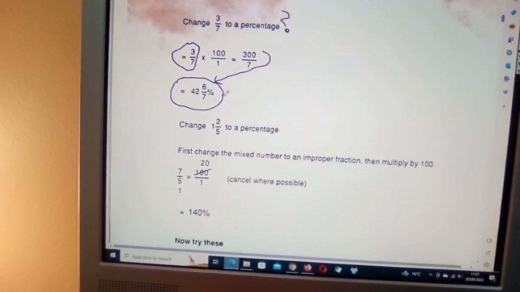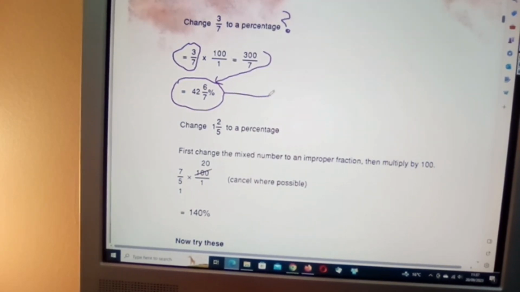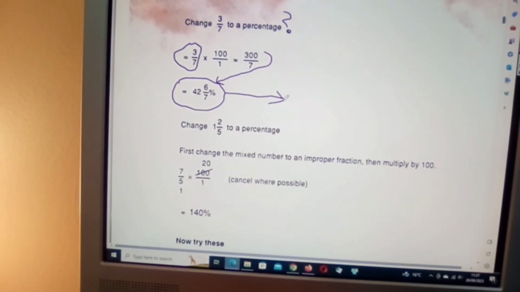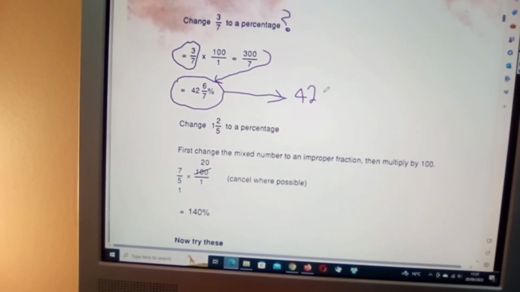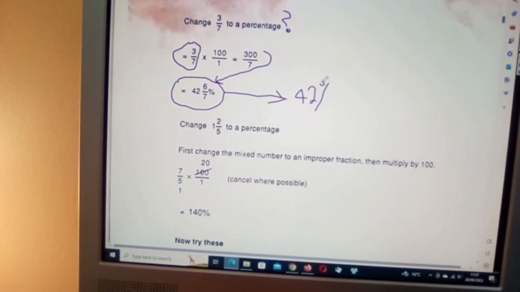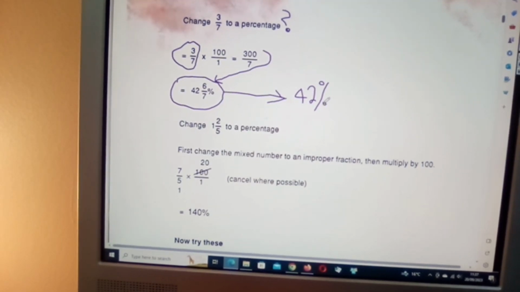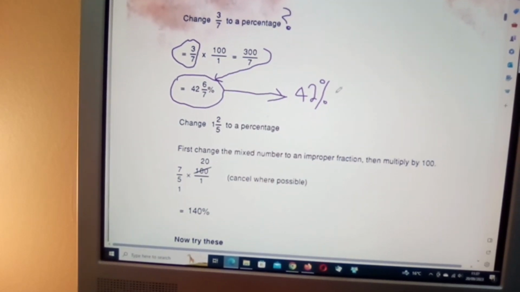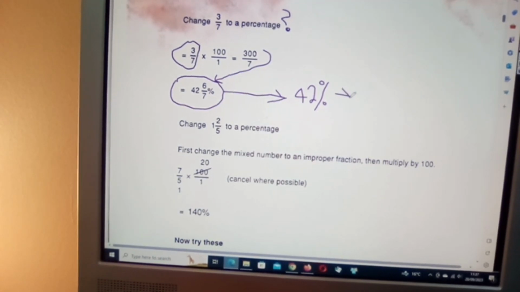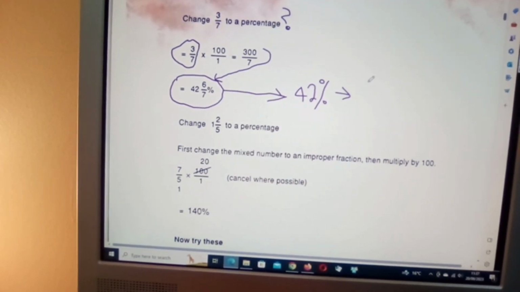We can go with the 42%, yeah? Okay, 42%. Let's put in percentage here. Then we have the 6/7.